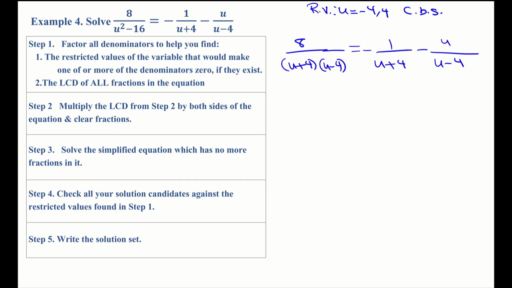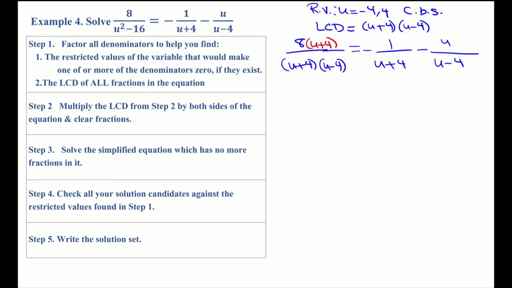Okay, now we want to find the LCD, and for that we're going to take the highest power of u plus 4 and the highest power of u minus 4, both of which appear to be 1. So the LCD is going to be quantity u plus 4 times quantity u minus 4. So now we take that LCD, we multiply it on both sides, and remember on the right side there are two terms, so it needs to get distributed. So we're going to get this multiplied by each of the terms that we see.